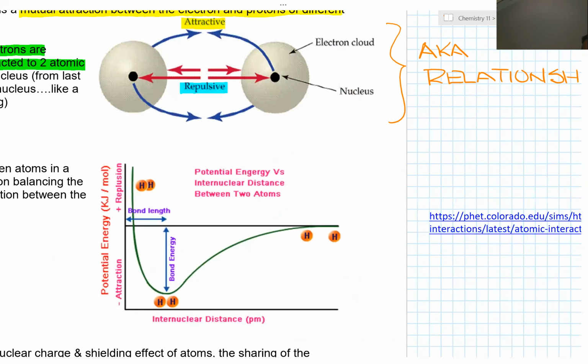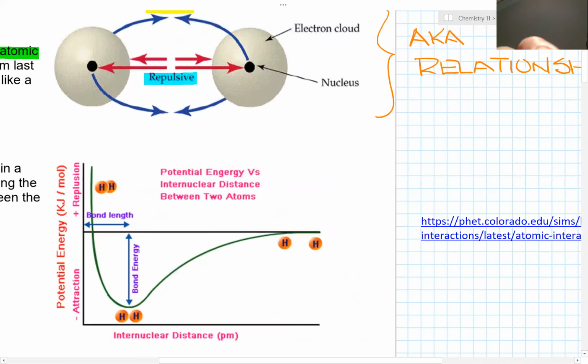If we were to look at a graph, you have potential energy along the y-axis and the distance on the x-axis.